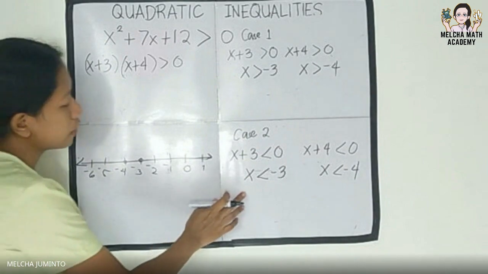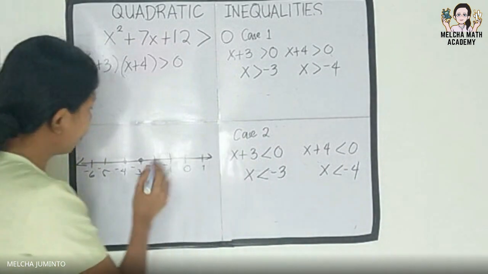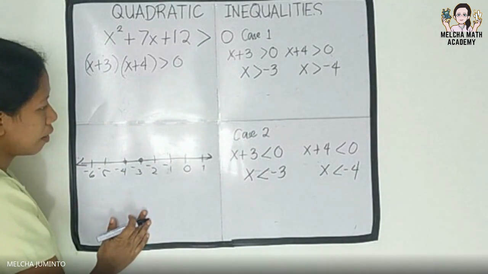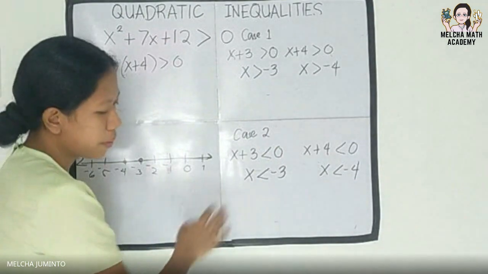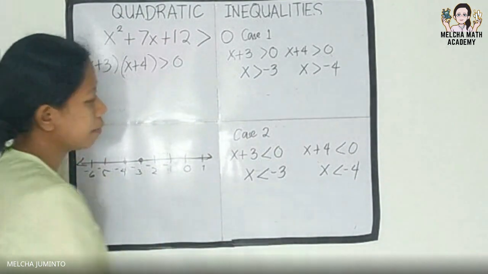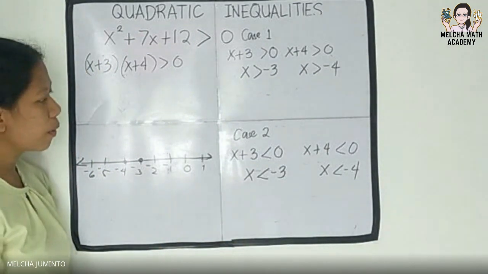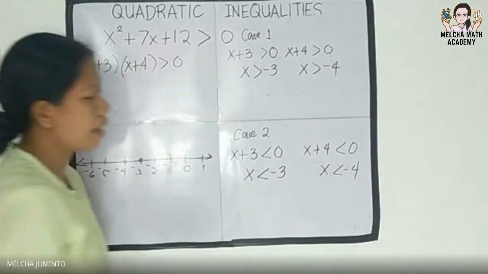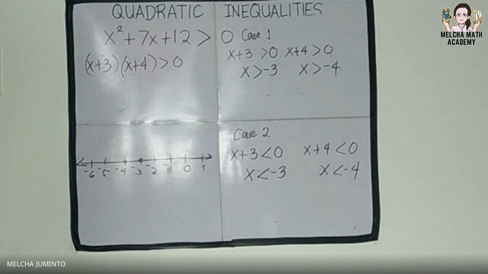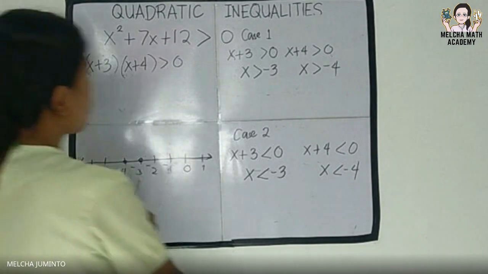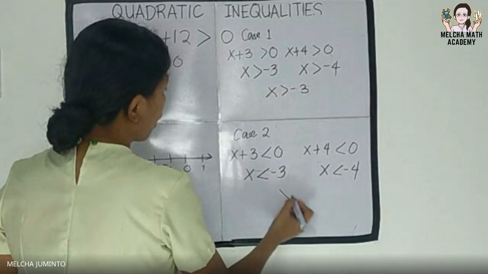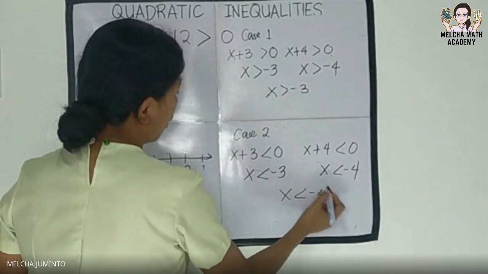And then in case 2, if a number is less than negative 3, it's also less than negative 4, correct? Therefore, between the two, we choose x is less than negative 4.